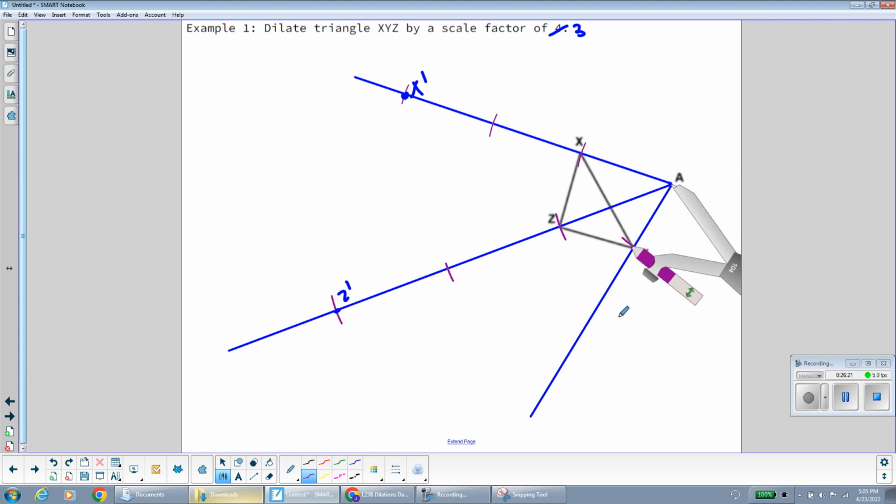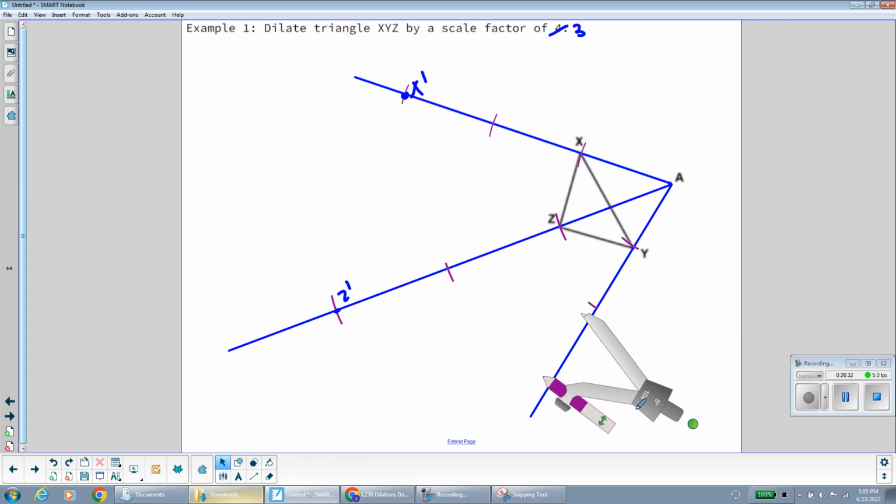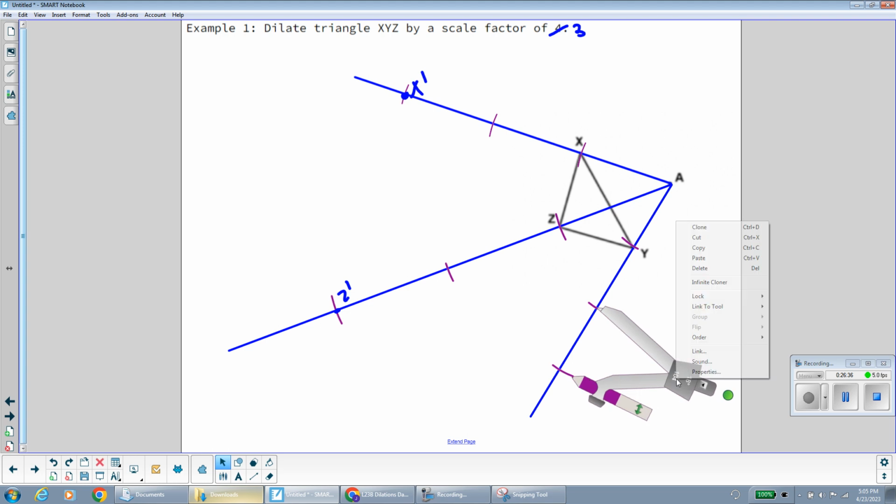That's the distance. Doubling it. And tripling it. So that point right over here is our point Y prime.